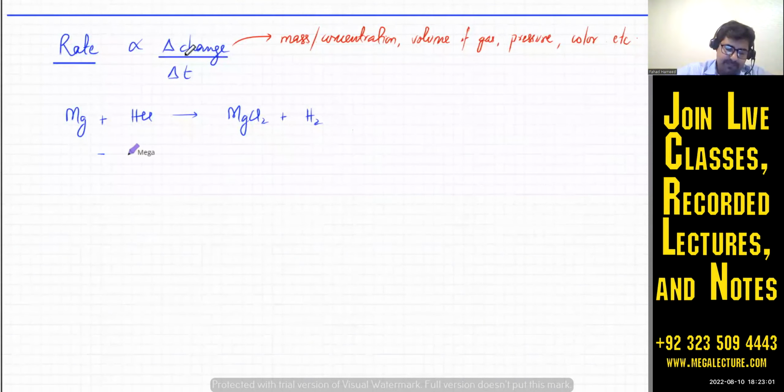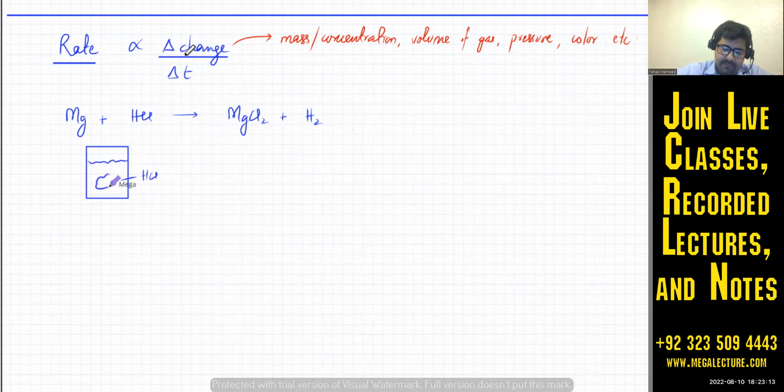I mean, you got Mg, and there is HCl, and you can put a piece of Mg in it, and you can just measure how quickly that dissolves. So that is one measurable, observable thing that you can do. You can take a stopwatch. Remember, a stopwatch is very necessary because remember it's delta T. So one of them is, let's measure how quickly Mg dissolves.